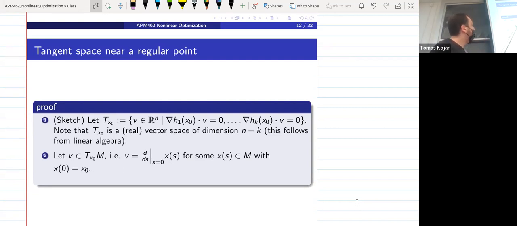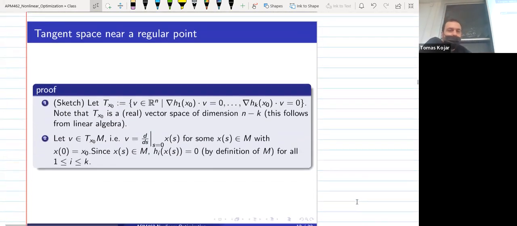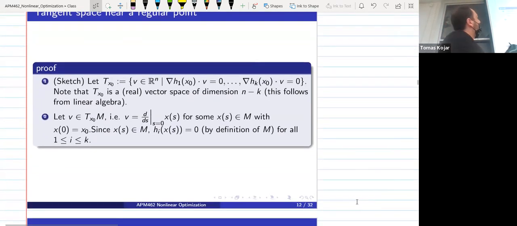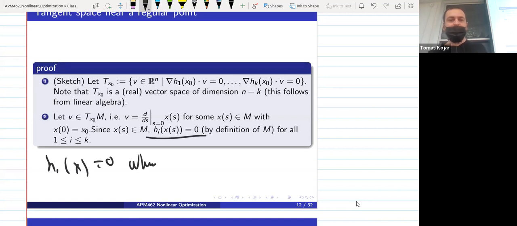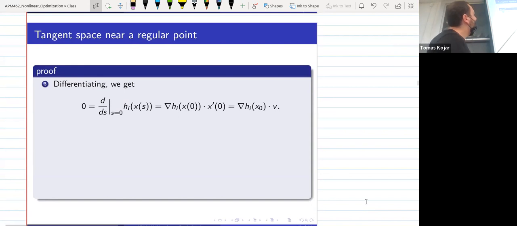A V in the tangent space is of the form of being a derivative of some curve inside it, like cosine, sine of s, and x(s) is inside the space. So you have this beautiful equation, which I'm going to take the derivative of, because h_i of x is 0 whenever x is in M. So we know that this is a 0 function, and that's why this is 0.